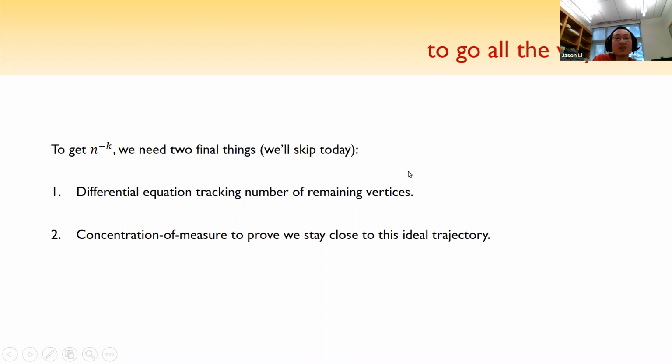And if we can formulate this smooth argument as a differential equation, solving this differential equation gives our expectation statement. But again, as stated before, we need a concentration argument to say that with high probability we end up with a small number of vertices left. So again, we'll skip this in this talk.